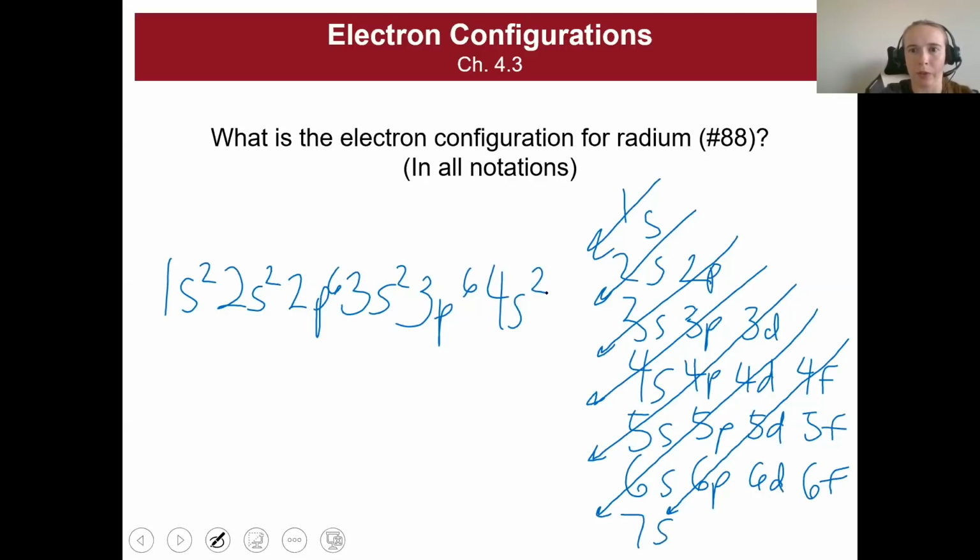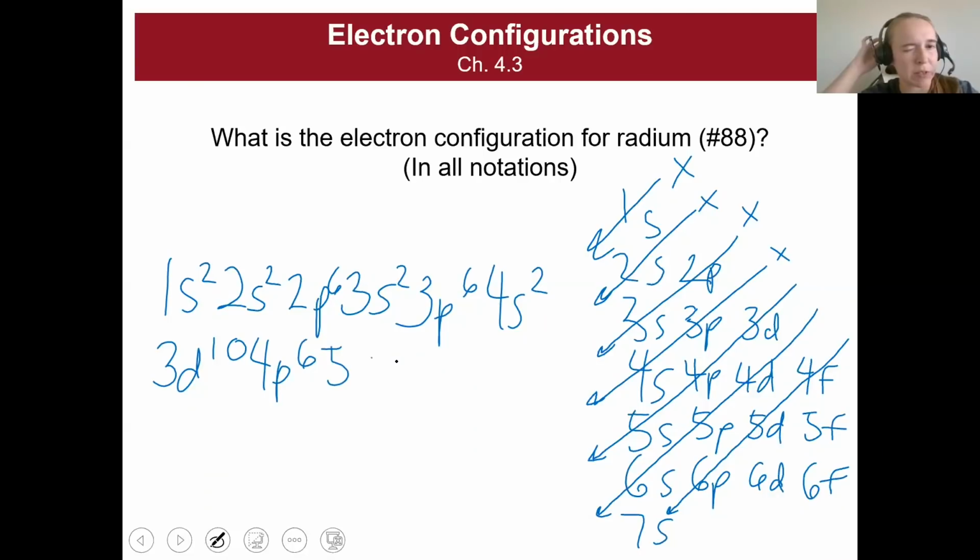Okay, now we're on the next one, so 3d, so d's get 10, 3d10, 4p6, 5s2. How many electrons do we have so far?